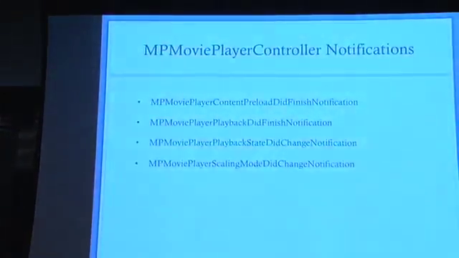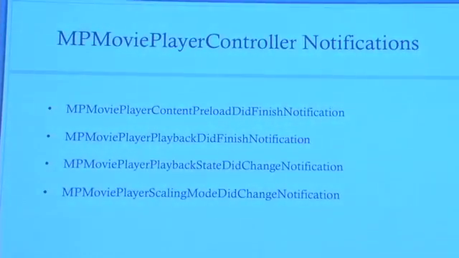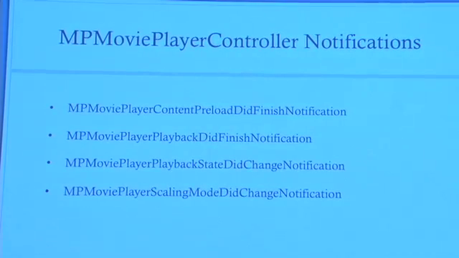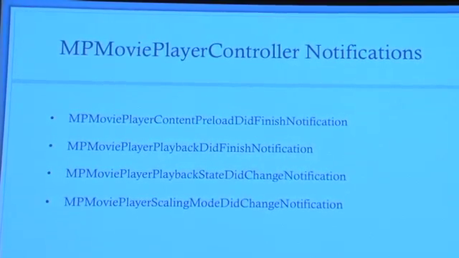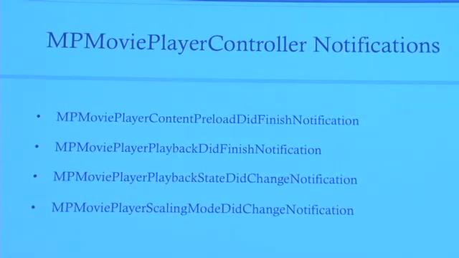And these are the types of notifications that it sends out. An MPMoviePlayerContentPreloadDidFinish notification will let you know when the movie finished loading. And then an MPMoviePlayerPlaybackDidFinish notification will let you know when the movie ended.